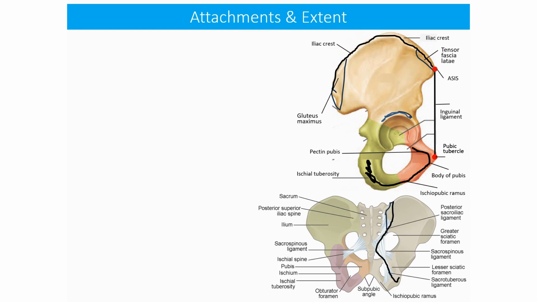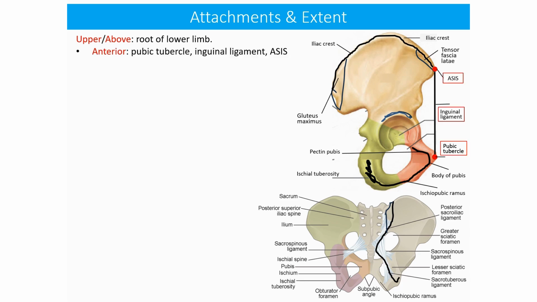The attachments and extent of fascia lata. At its upper extent, it is attached to the root of the lower limb as a whole. If we start its attachment from the pubic tubercle on the anterior aspect, it is attached to the pubic tubercle, inguinal ligament, and anterior superior iliac spine.